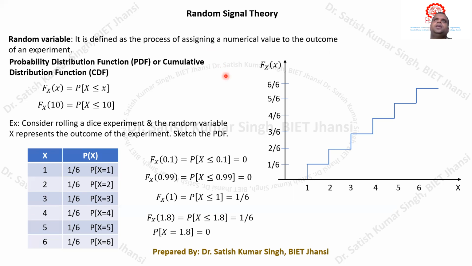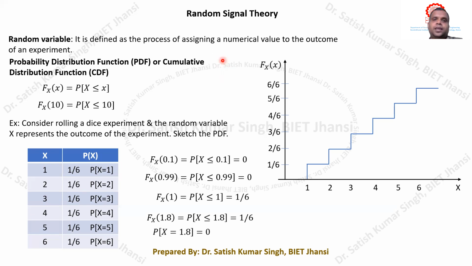Basically, if I say the outcome of tossing a coin or rolling a dice is represented by capital X, then this capital X denotes the value that the outcome is going to take. For example, if it is head, what is the probability that it takes the head?